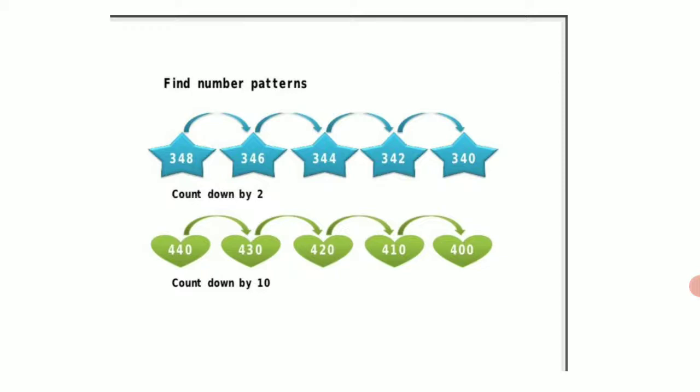Now we are doing skip counting by 10 less. First we did 2 less, now we are doing 10 less. 440 minus 10, 430, 430 minus 10, 420, 420 minus 10, 410, 410 minus 10 is only 400.